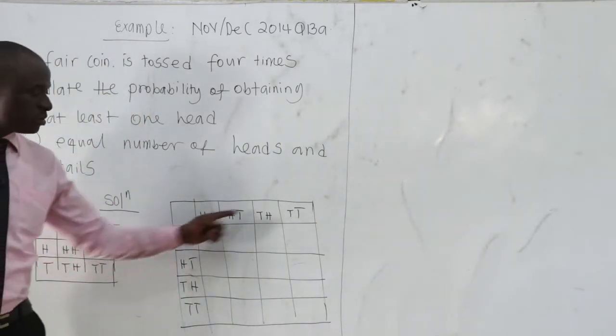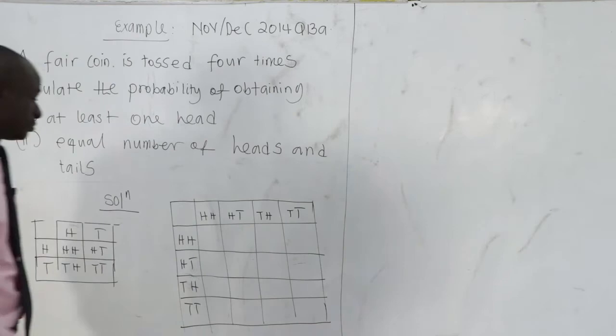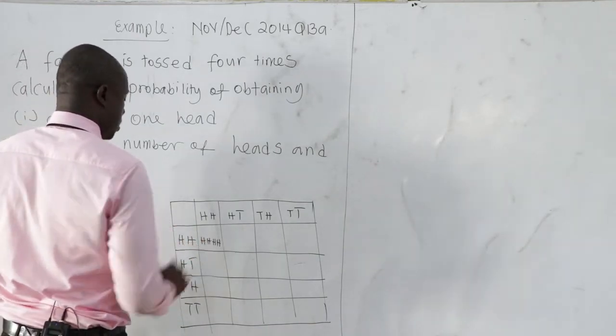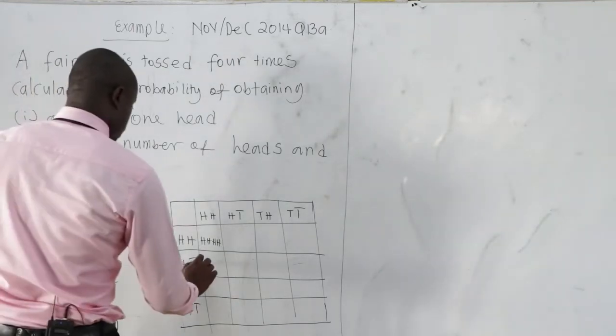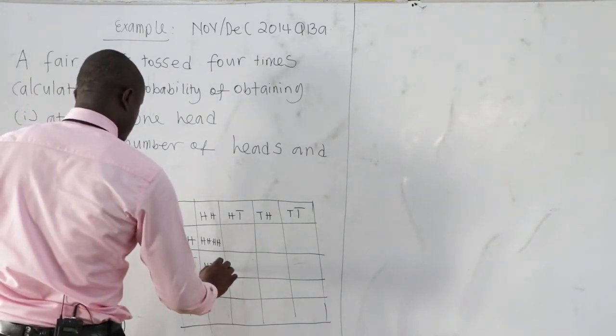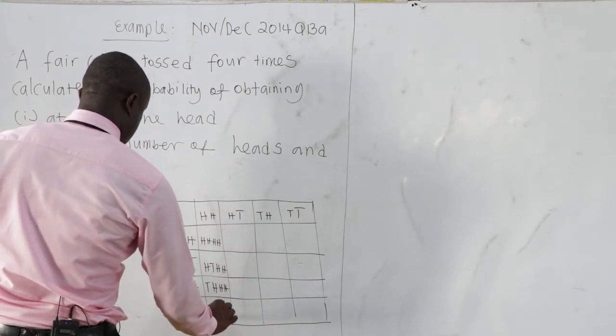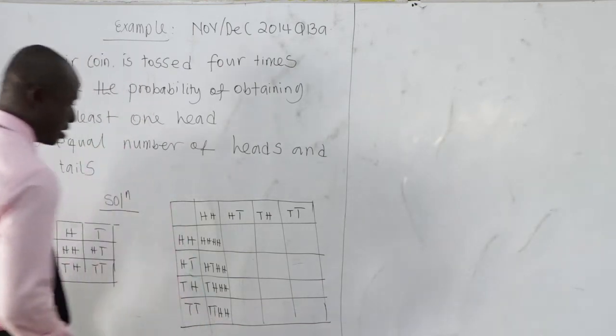So this is 2, this is 2, so that will be 4. So here becomes head, head, head, head, 4 heads. We have head, tail, head, head. Tail, head, head, head. Tail, tail, head, head.